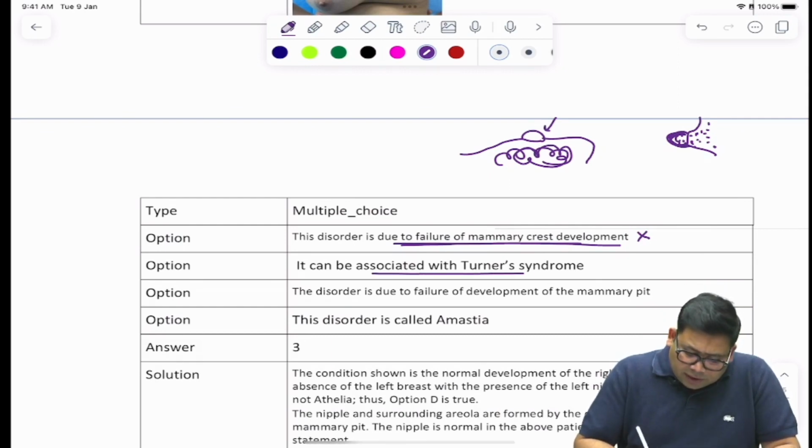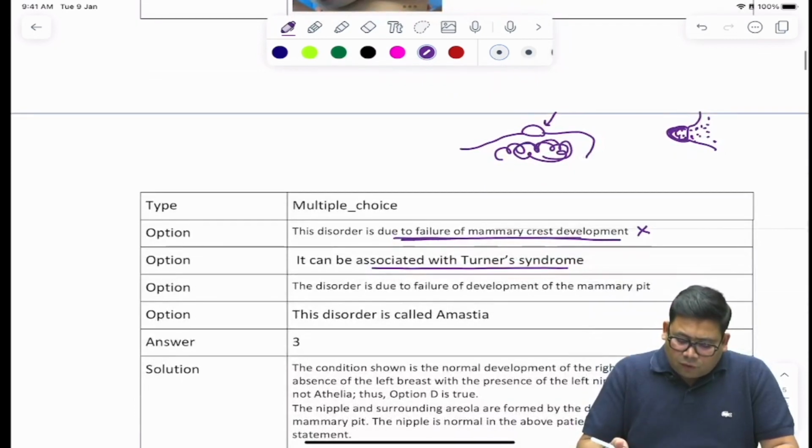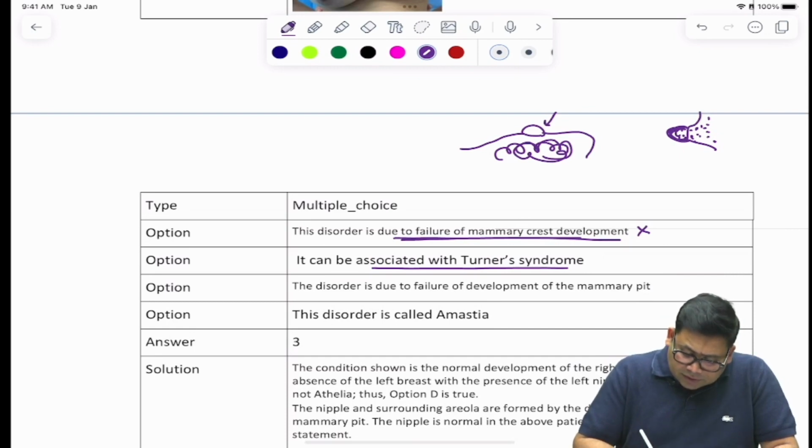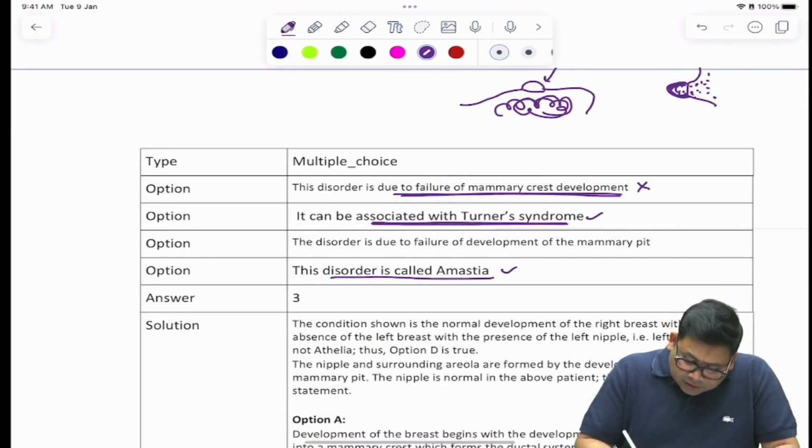It can be associated with Turner syndrome. So let us understand which of the following is not true. This is due to failure of mammary crest development. It can be associated with Turner syndrome. This disorder is called amastia. So this is true. This is due to the failure of mammary pit.